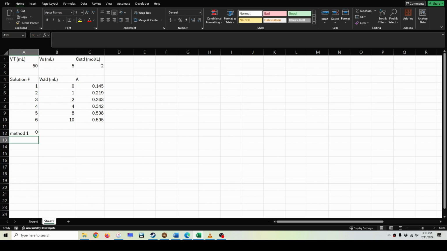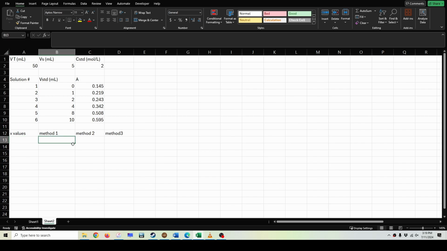So method 1 is going to be a graph of x values. I should have thought about how I wanted to do this before. This is going to be our x values, and this is going to be method 1, this is method 2, and this is method 3.